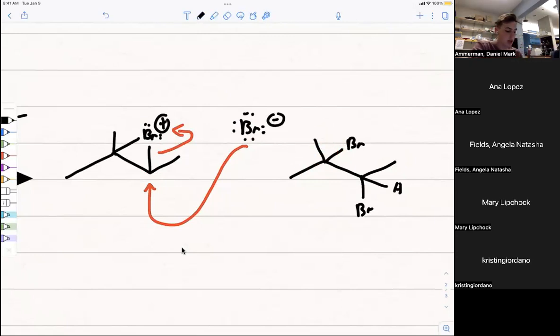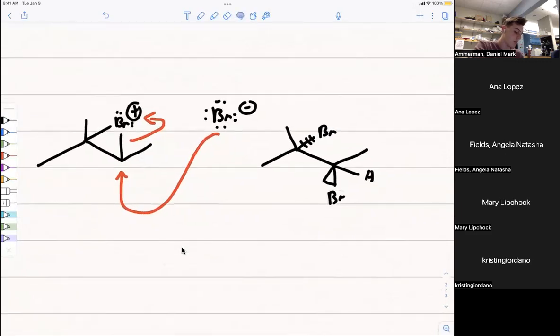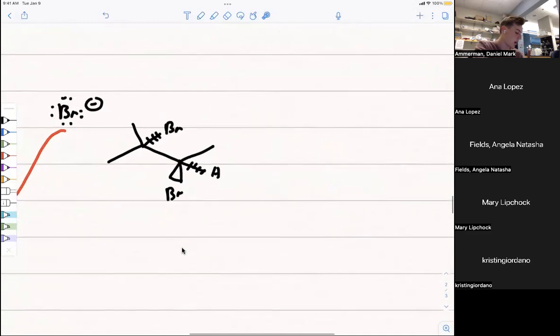But we want to indicate that this one is anti to this. So we could do this: Br on the bottom and the hydrogen in the back. The important thing is these 2 are anti to each other. And you could even draw a second one, indicating this doesn't matter here because this isn't a stereocenter, but we just want to make sure we're grasping the concept that this could also be the case.